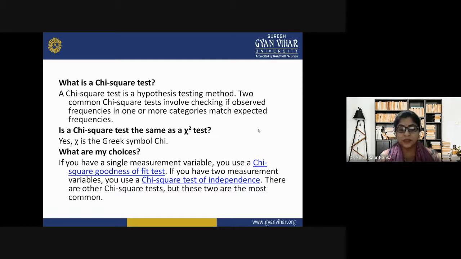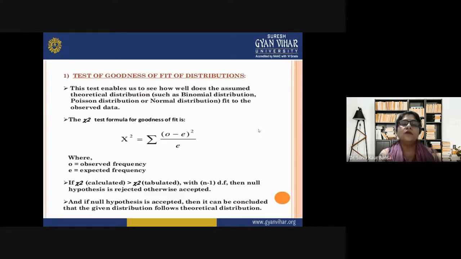All right, students. Now, first of all, let's see the test of goodness of fit of distributions in an explanatory way. This test enables us to see how well an assumed theoretical distribution, such as binomial distribution, Poisson distribution, or normal distribution, fits the observed data.